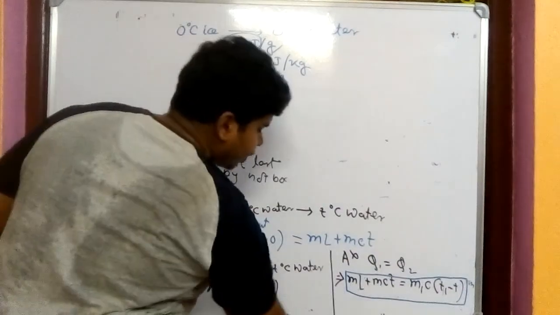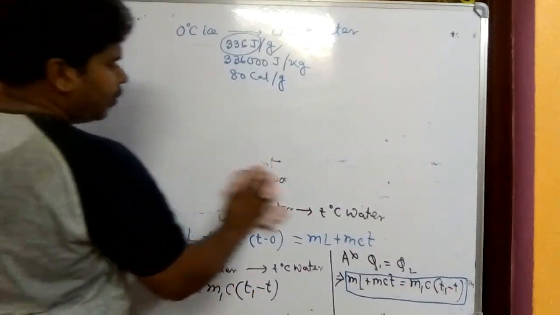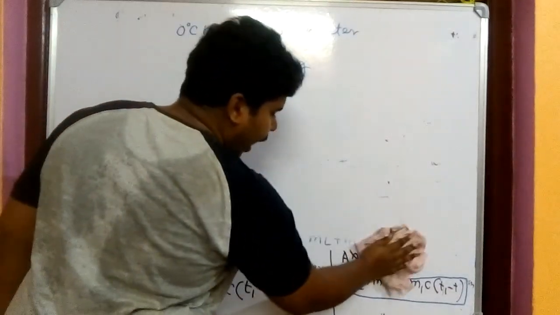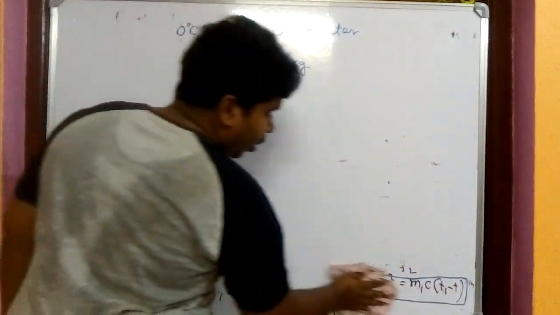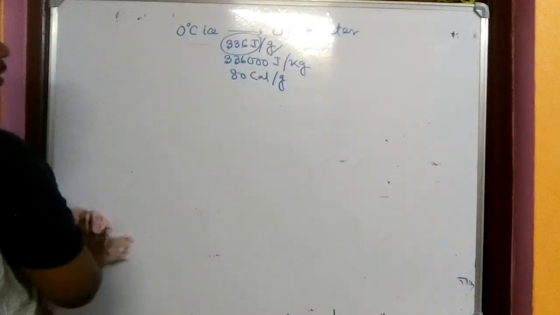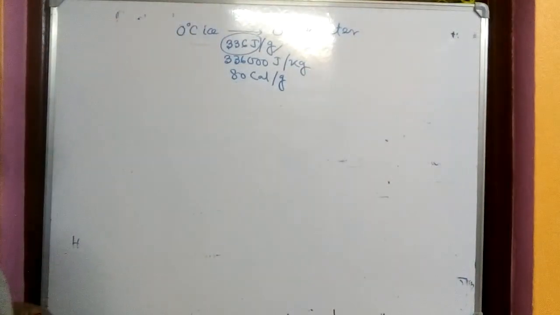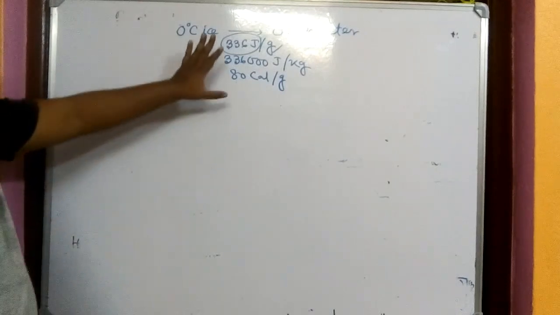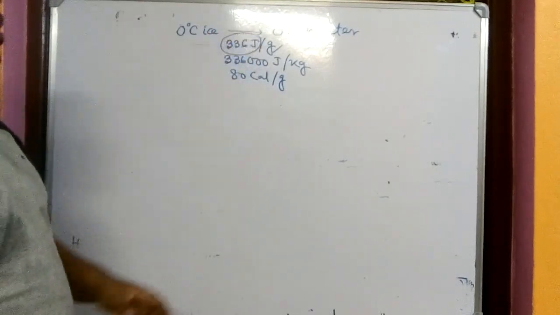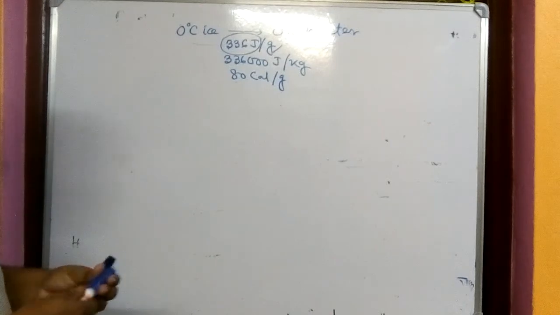Now coming to a very interesting thing. As we have learned, the latent heat of fusion of ice is 336 joule per gram, or 336,000 joule per kg, or 80 calorie per gram. This latent heat of fusion is very high.